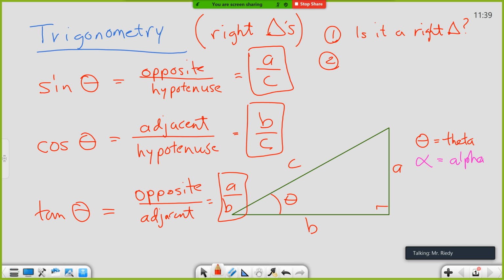Step two. I want to look at the sides. By looking at the sides, I mean determining what we already did. Are the sides that we're talking about opposite, adjacent, or hypotenuse? Step three. Once you answer step two, then you can answer the question, which trig function?